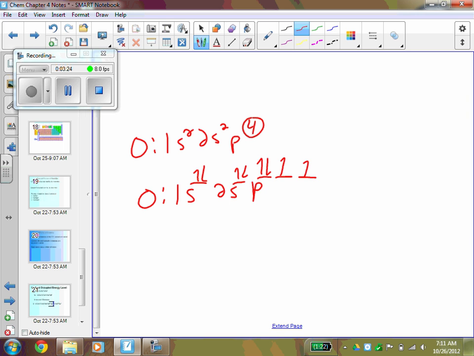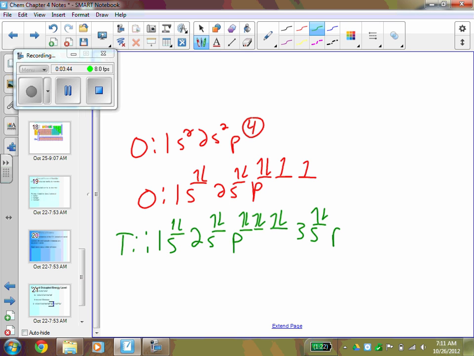Let's try another one. Let's do titanium. Let's do a nice big one here. Titanium is 1s2. I have to draw 22 electrons. 1s2, 2s2, 2p6, 3s2, 3p6, 4s2, and then 3d, 1, 2, 3, 4, 5.